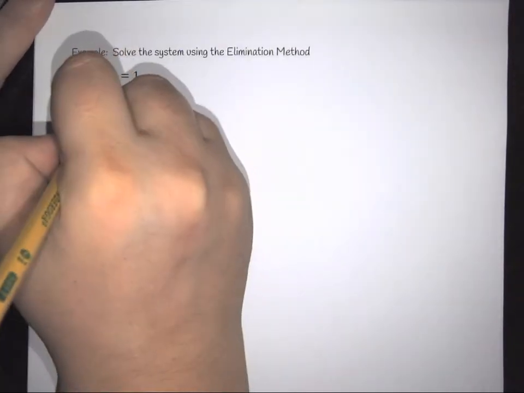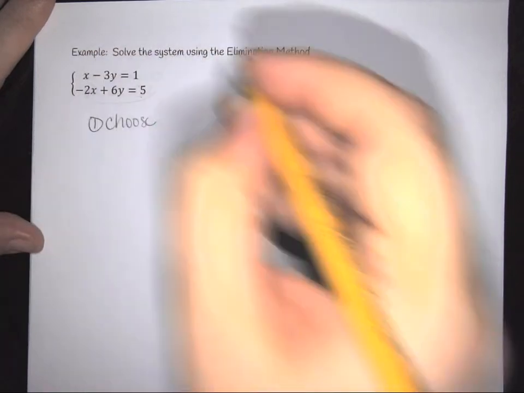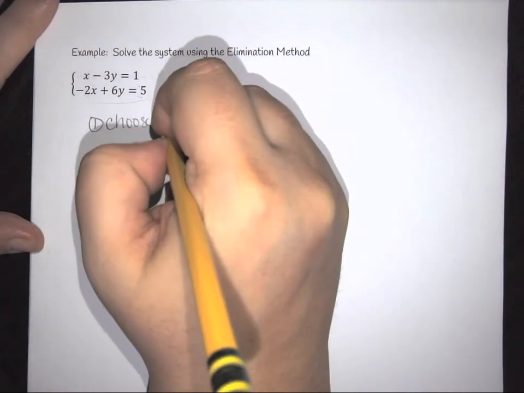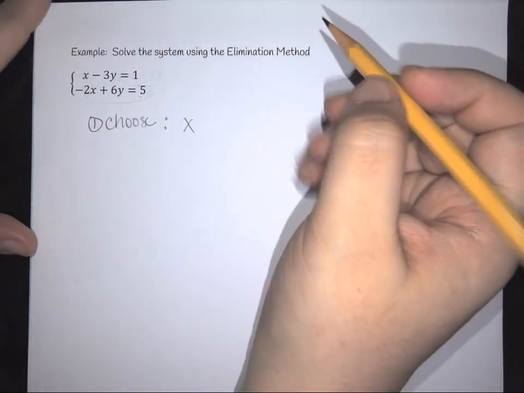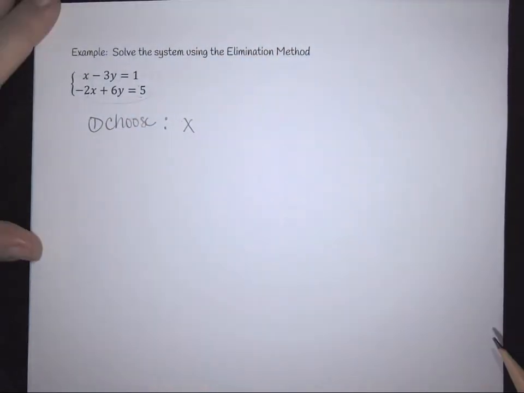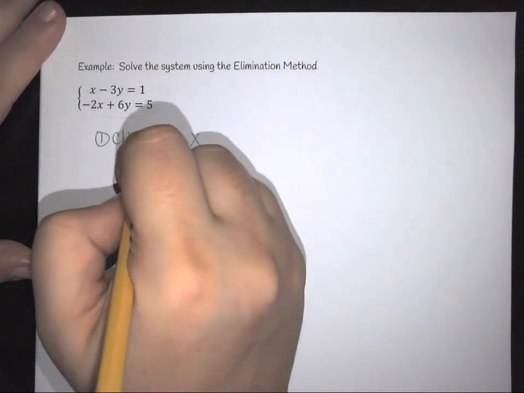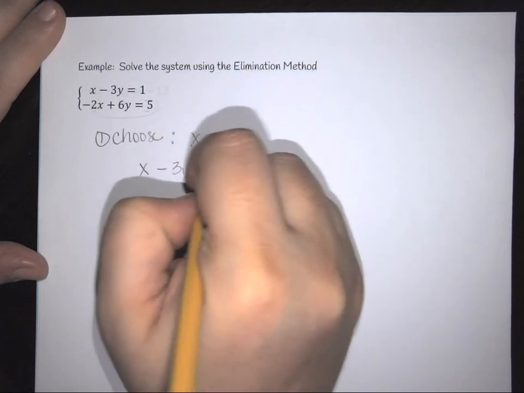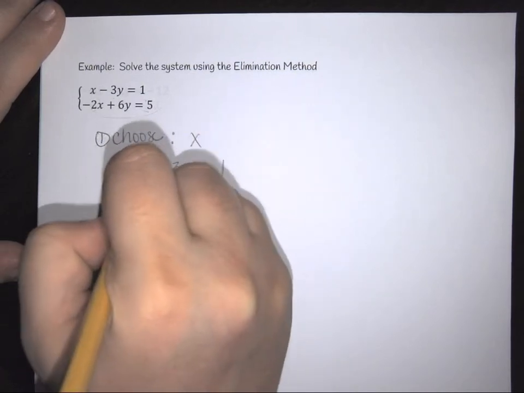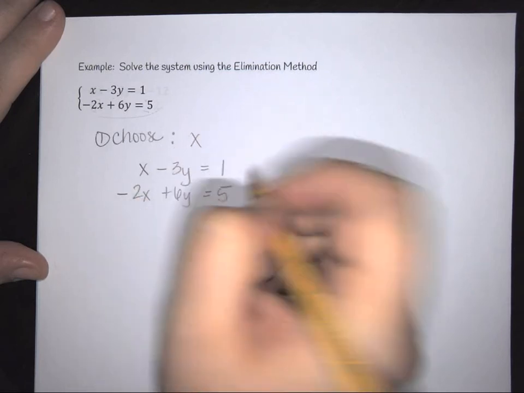So again, the first thing I have to do is choose. In this case, let's go ahead and eliminate the x's, only because in the last example we eliminated the y. So in order to do that, I have to multiply. I have x minus 3y equals 1 and negative 2x plus 6y equals 5.